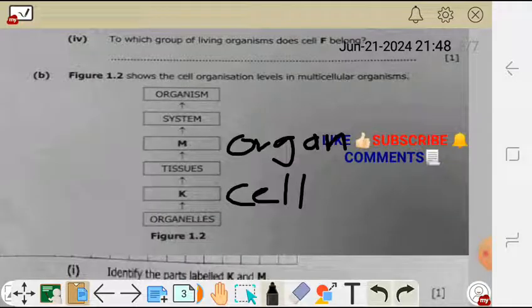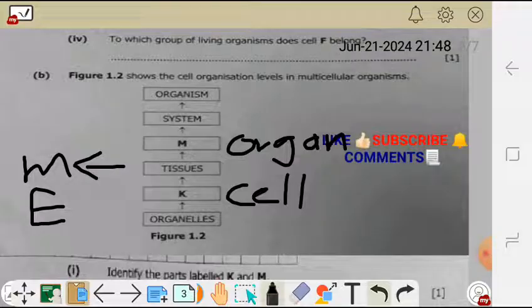Now that question, they're asking us to identify at which level we are going to find the muscle. So muscle, as I mentioned earlier, is a tissue. So we have muscle tissue, the epithelium tissue, the connective tissue, and the nervous tissue. These are the main tissues found in the human body.